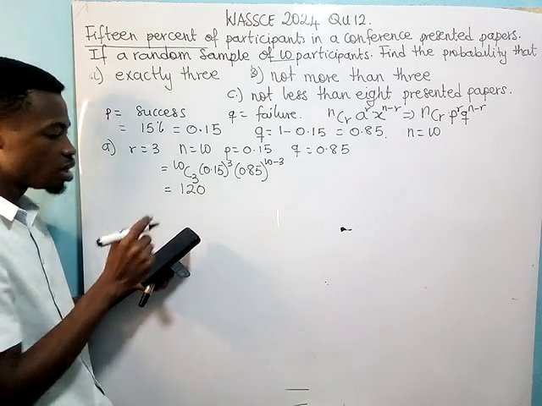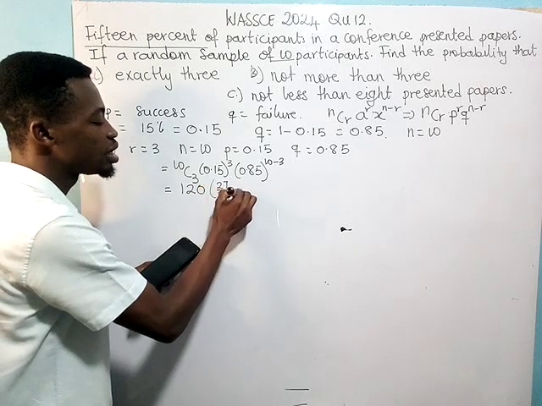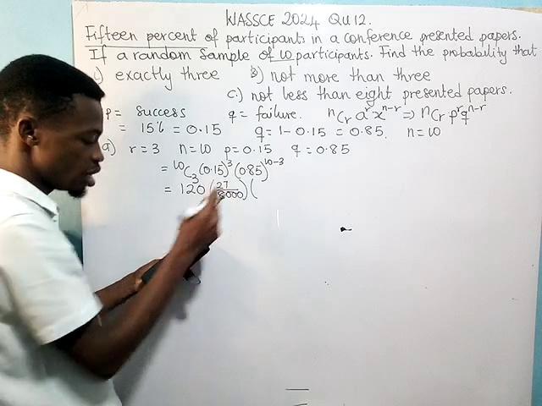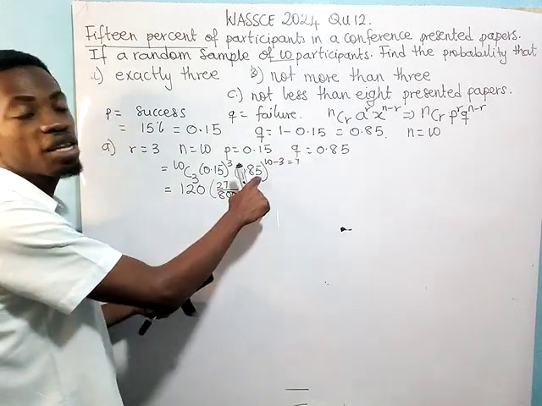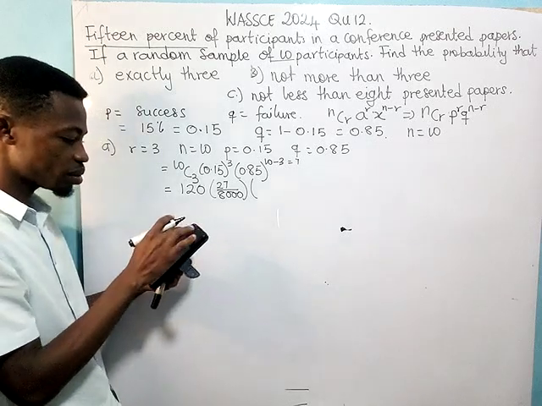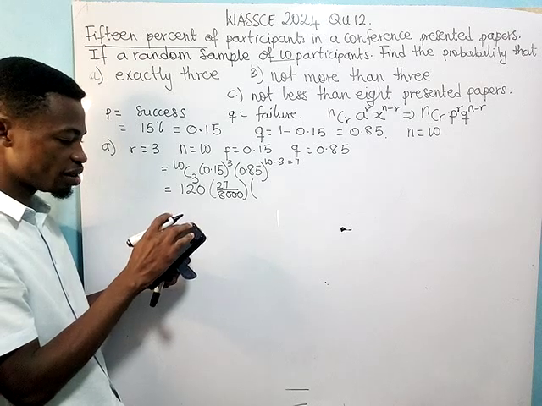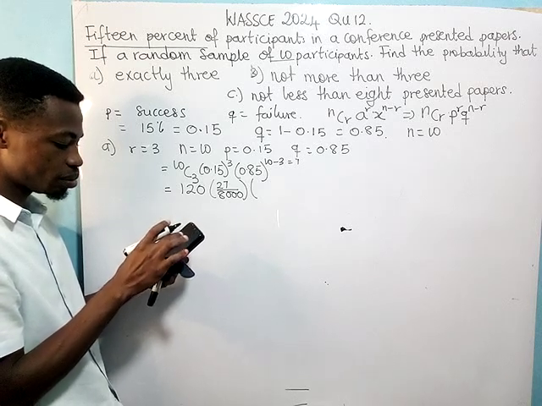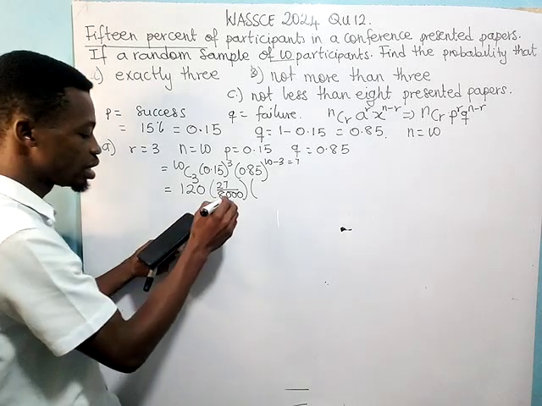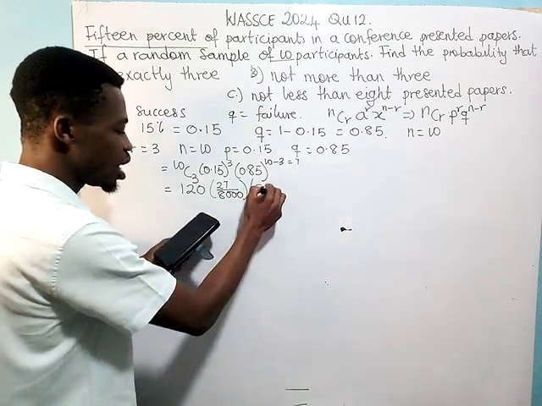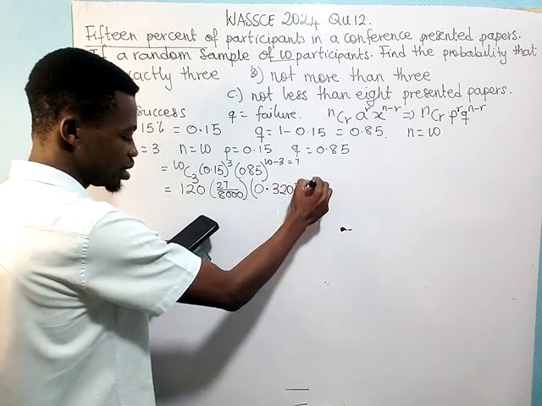0.15 cubed gives us 27 over 8,000. Then 10 minus 3 is 7, so 0.85 to the power 7 gives us 0.320577.